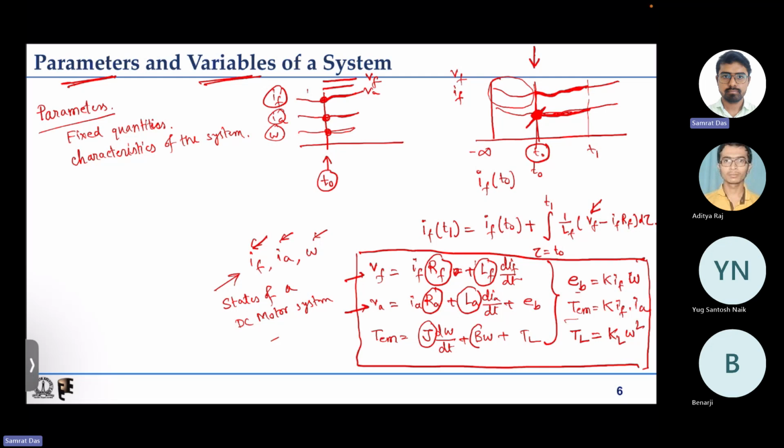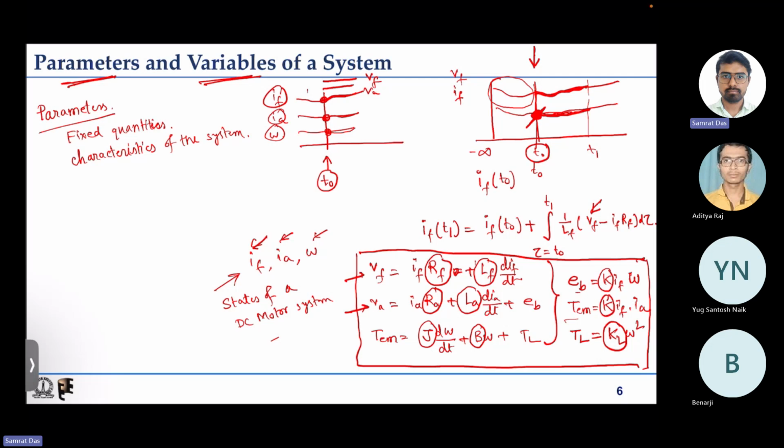Then this k is a constant that relates the back EMF to the field current and omega. Again, this k is the same k that relates the electromagnetic torque to the product of field current and armature current. And if it is a fan load, or any type of load where the load torque and speed have a certain relation, there will be some proportionality constant also. So this is also a constant.